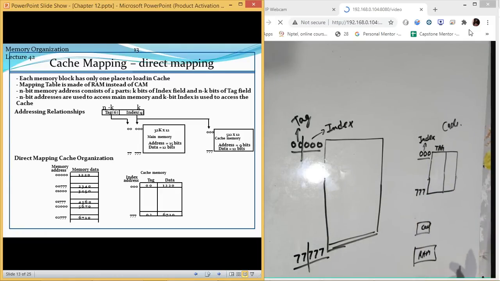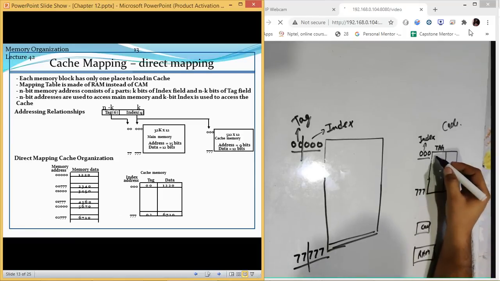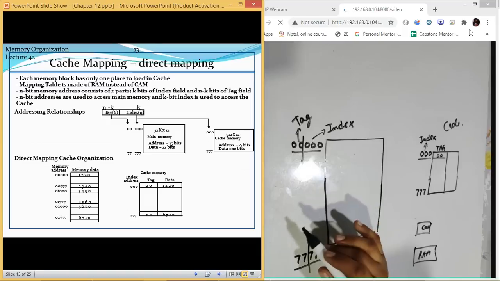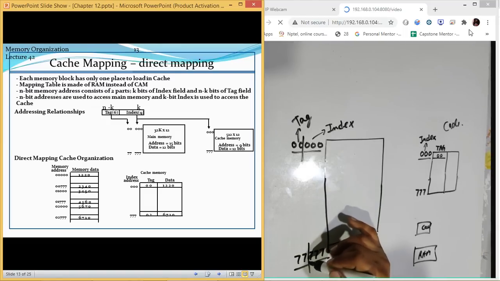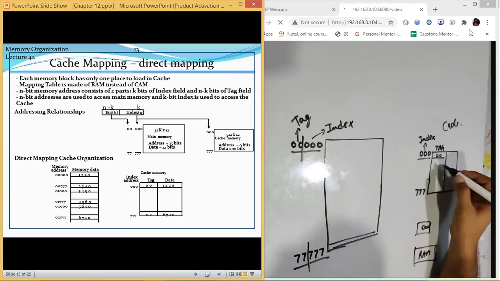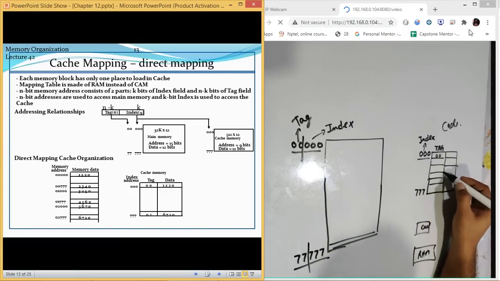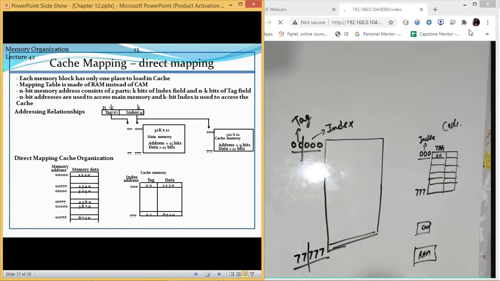Now what are the different tags which we can have? It will start from 00, 01, 02, 03, up to 77. So that is what we are going to have in tag, and along with the tag we also have some data. Now, let us see how this mapping works.